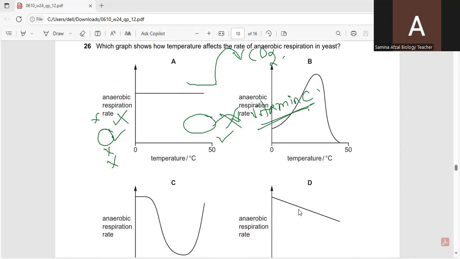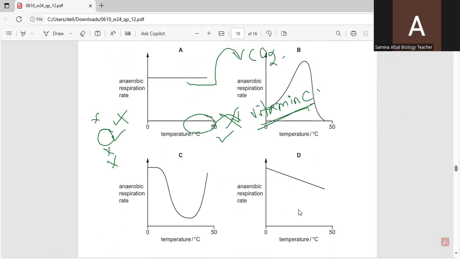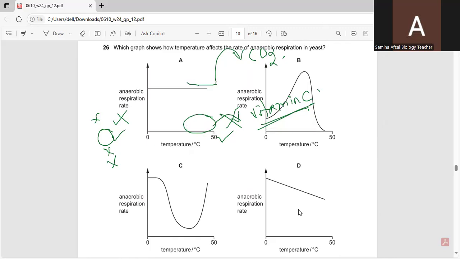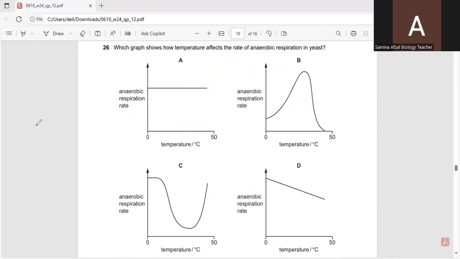Now, next is question number 26, which asks: which graph shows how temperature affects the rate of anaerobic respiration in yeast? Anaerobic respiration is respiration which takes place in the absence of oxygen.